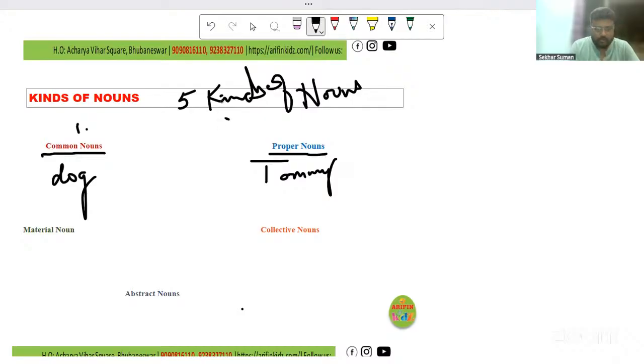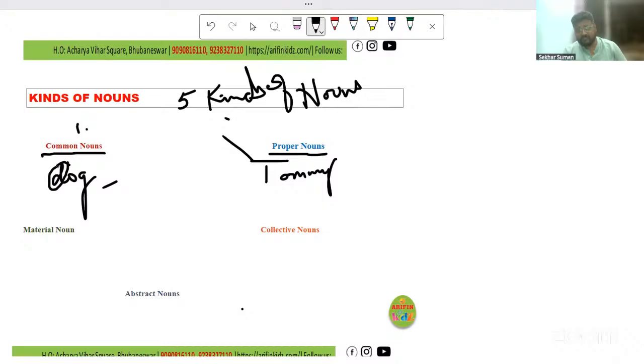Common nouns do not necessarily start with a capital letter. If it starts at the beginning of a sentence, then definitely we have to start with a capital letter.